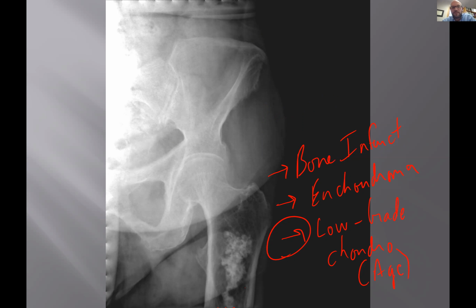Well, to get a good look at it, you'd maybe do an MRI. Okay, you could get an MRI, and of course, this is extending off the edge. We're not sure how far down it goes. Right. An MRI would probably show if there was any cortical break, and it would see if there's a soft tissue mass with it.